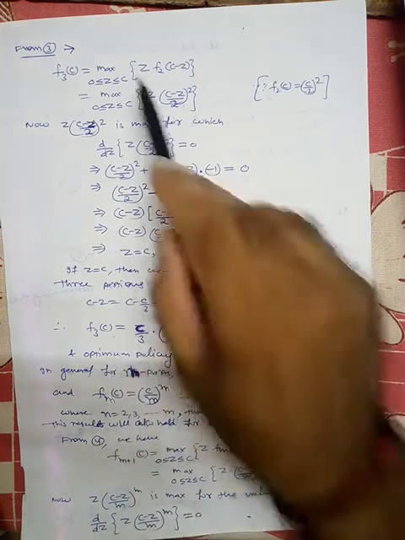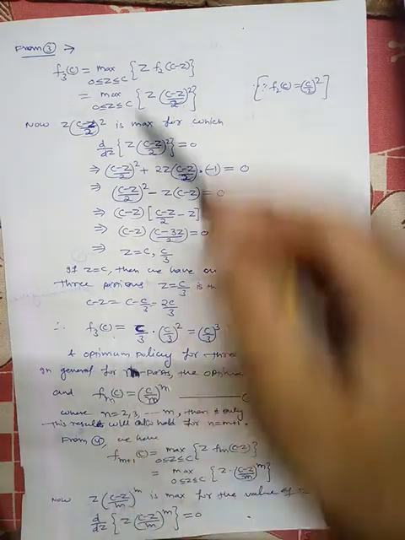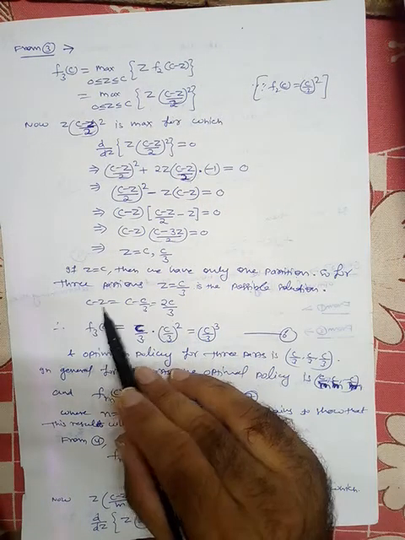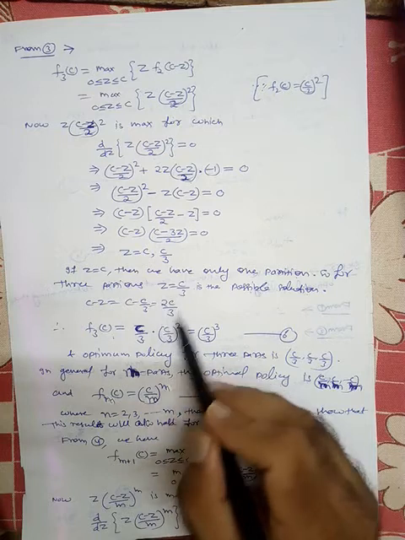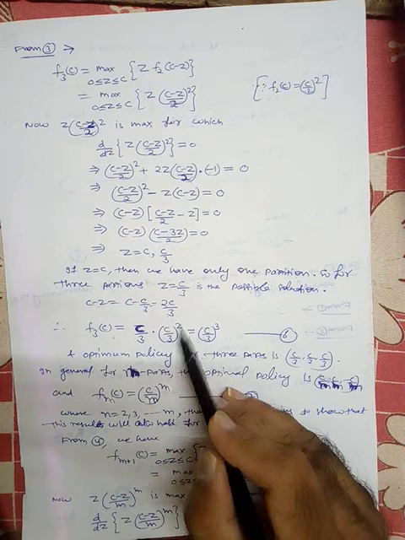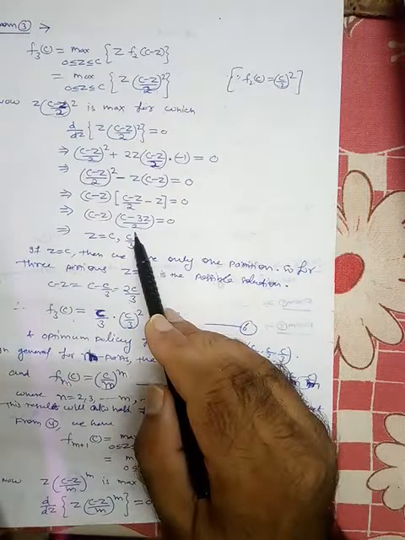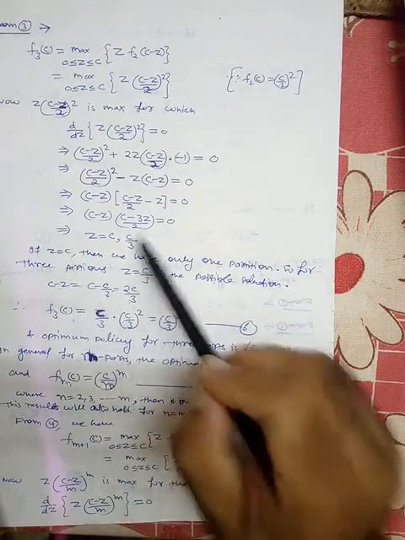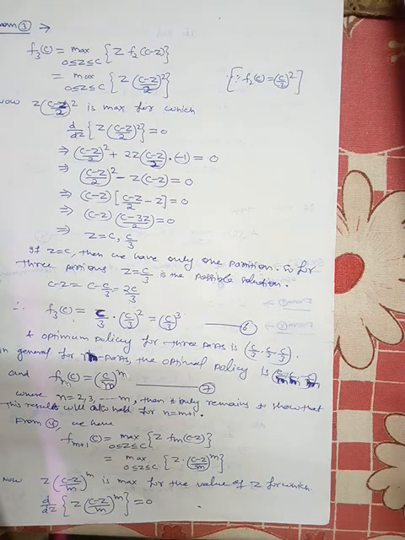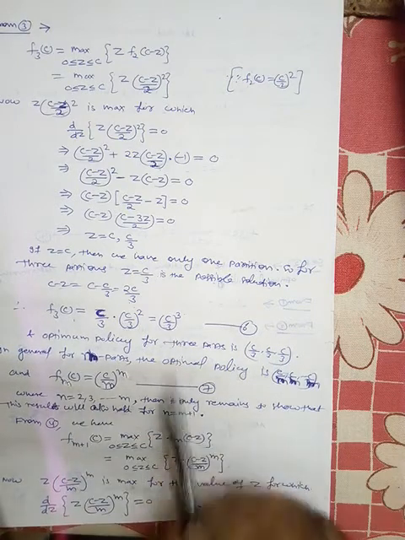So f3c will be according to this, f3c will be, यहाँ वैल्यू रखेंगे z is c by 3, c minus z by 2 which is, इसको 2 से डिवाइड कर लो, c minus z by 2, so by 2 करेंगे तो c by 3 whole square, so c by 3 cube. And optimum policy for 3 partitions is, क्या हो जाएगा ऑप्टिमम पॉलिसी तब, c by 3, तीनों इक्वली डिस्ट्रीब्यूट हो जाएंगे, ठीक. And f3c will be c by 3 cube.